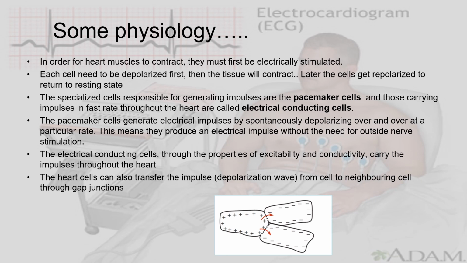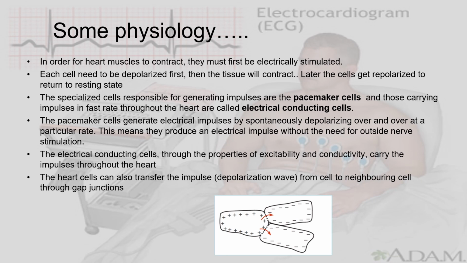These are the pacemaker cells, and other cells carry the impulse very fast between the cells of the heart, and this is called the conduction system of the heart. So what we are concerned with for the ECG is these types of cells. The pacemaker cells, which are the cells which can produce impulses on their own. They do not need outside stimulation.